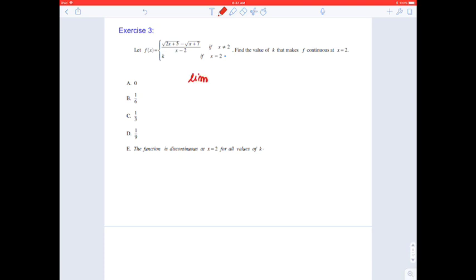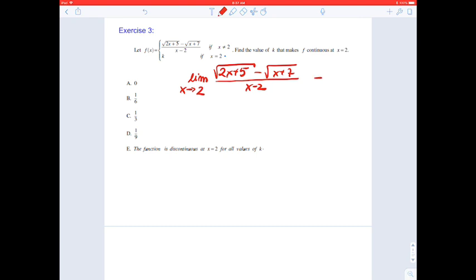I can see that my function is defined on both sides of 2 by the first formula. That means the limit as x approaches 2 of the square root of 2x plus 5 minus the square root of x plus 7, over x minus 2.